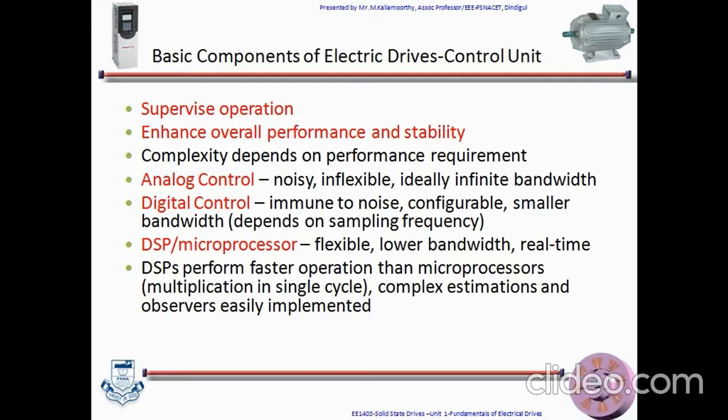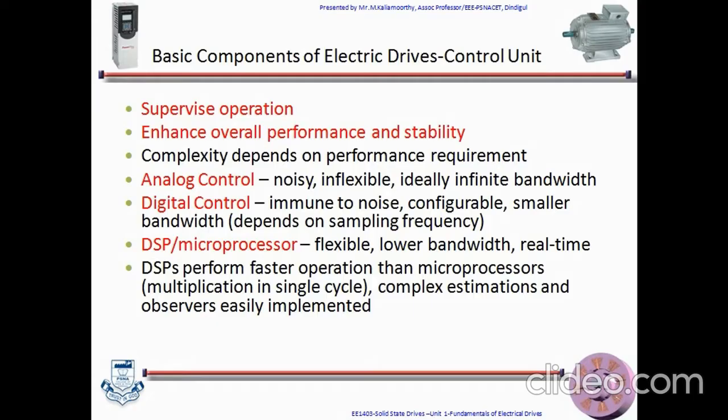It requires only a smaller bandwidth, which is based on the sampling frequency. And if I use a digital controller, it may be a DSP processor or a microprocessor based digital controller, which is highly flexible, requires lower bandwidth, and real-time implementation is very easy.